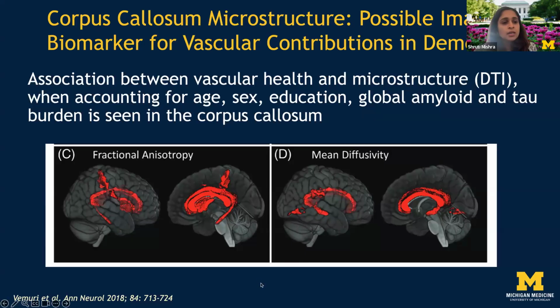For example, in this study that looked at an association with vascular health, they basically combined various cardiometabolic risk factors into a cardiometabolic risk score and used a whole brain voxel-based approach using DTI measures as measures of microstructure. They found, even when accounting for age, sex, education, global amyloid, and tau burden, that the association between vascular health and microstructure was seen predominantly in the corpus callosum, as well as some surrounding structures like the fornix and cingulum.